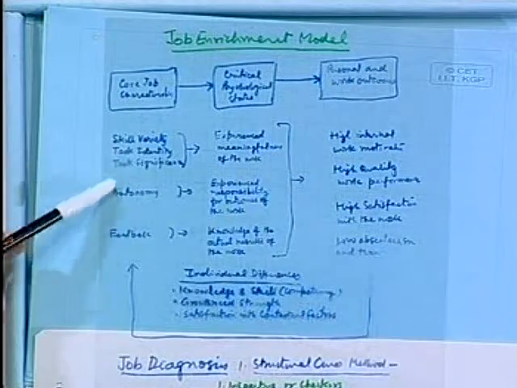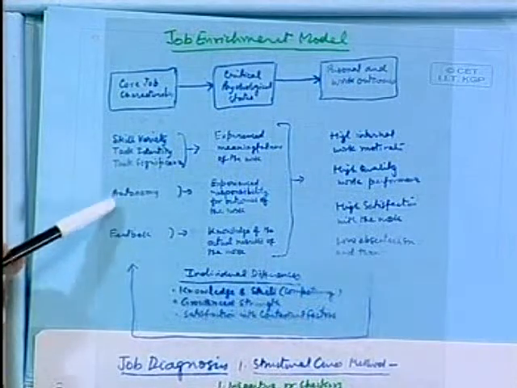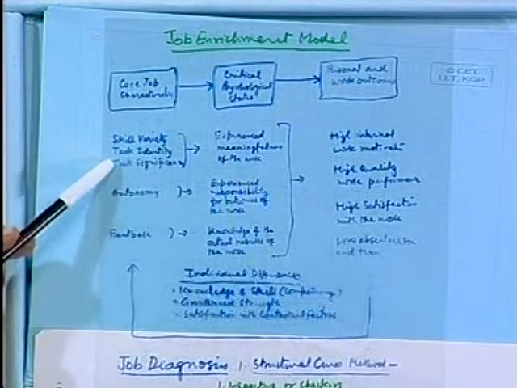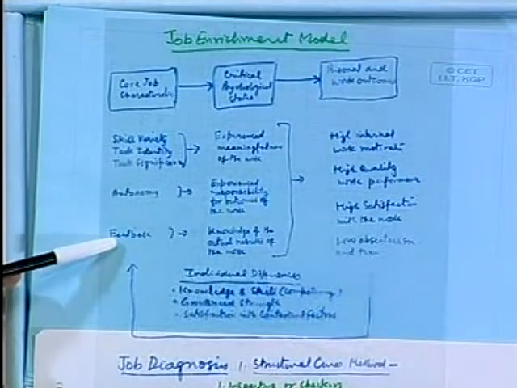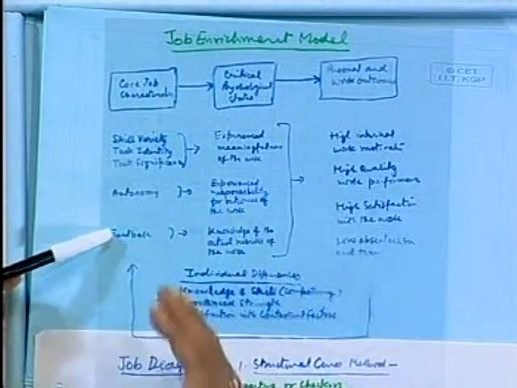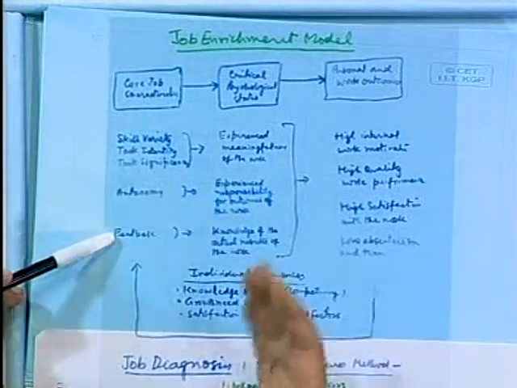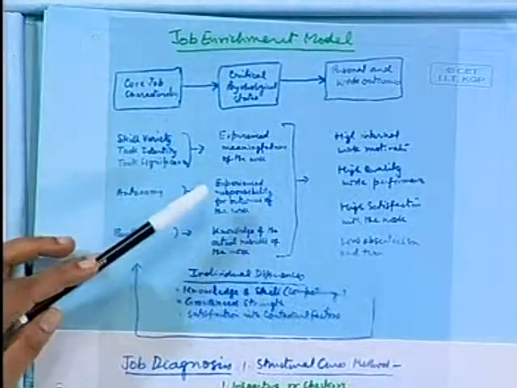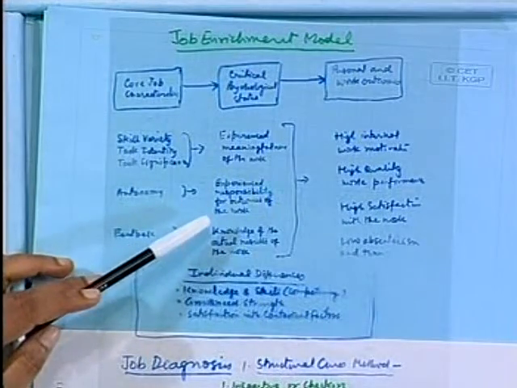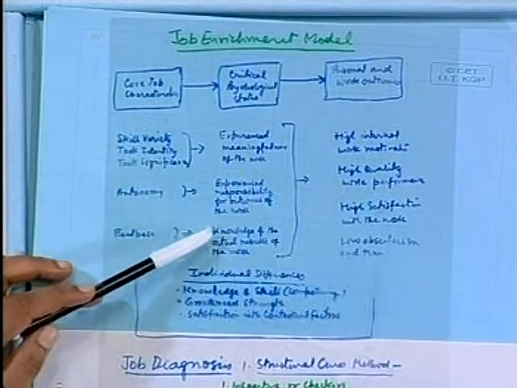If you increase the amount of these job characteristics, what will happen? It would result in certain critical psychological states, that is, you will find the job more meaningful, you will take additional responsibilities, isn't it?